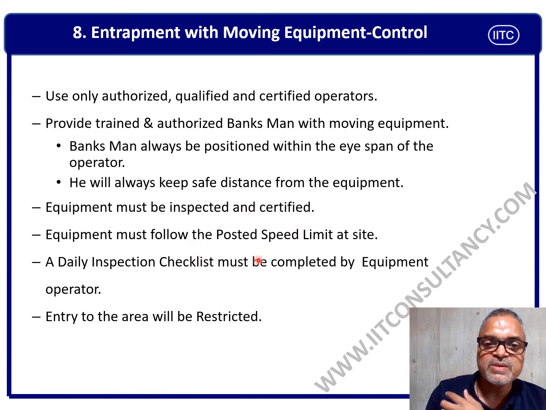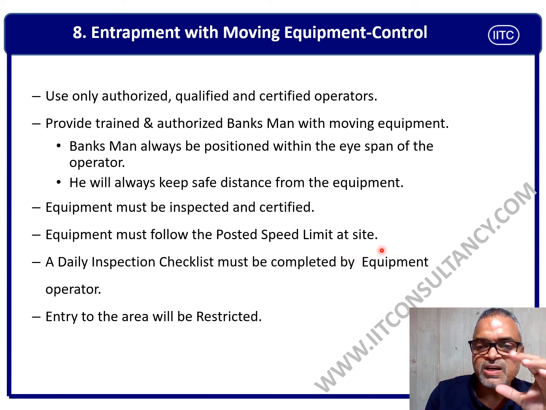Equipment must follow the posted speed limit at the site. There is a speed limit for each site, and equipment must follow the correct speed limit at site. The daily inspection checklist must be followed by a competent person, and entry to the area must be restricted. Everybody should not be allowed in these congested construction areas.